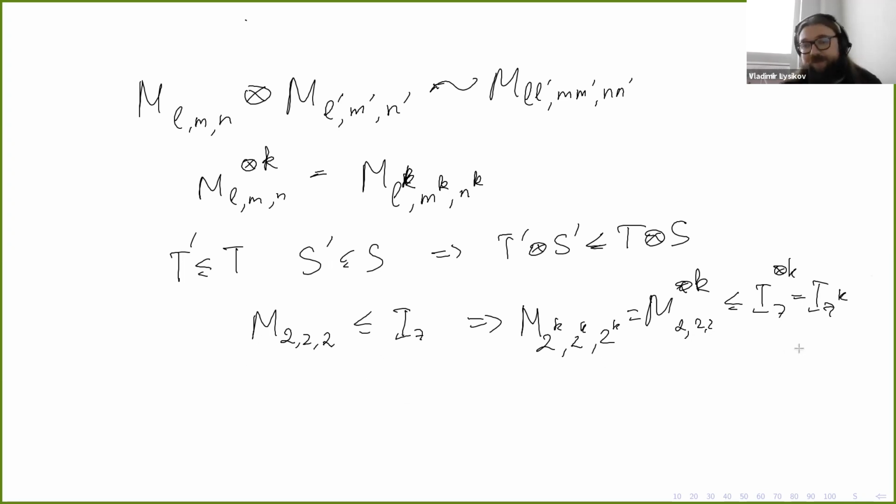And now we can actually state something not only for multiplications, but also for the total number of operations.